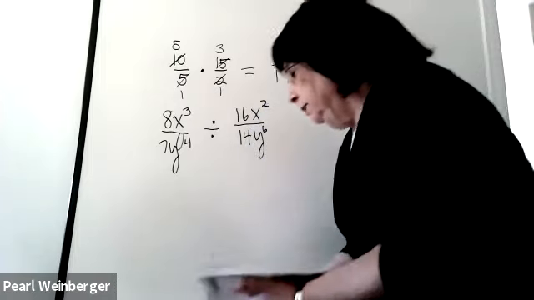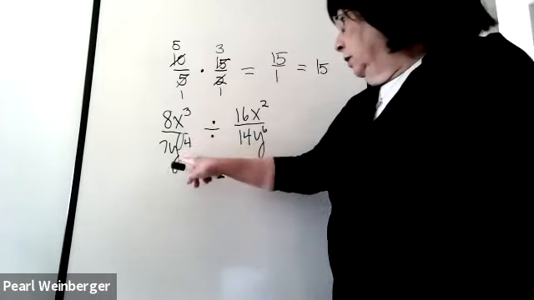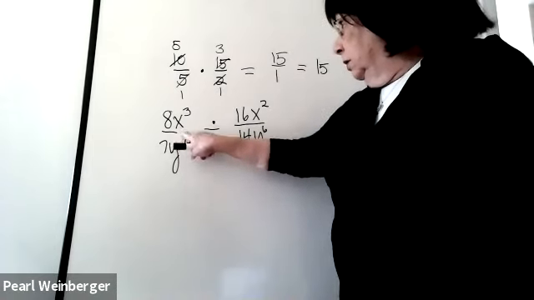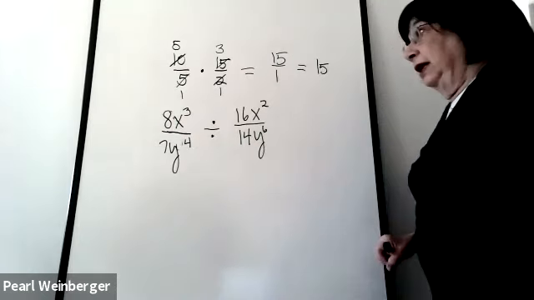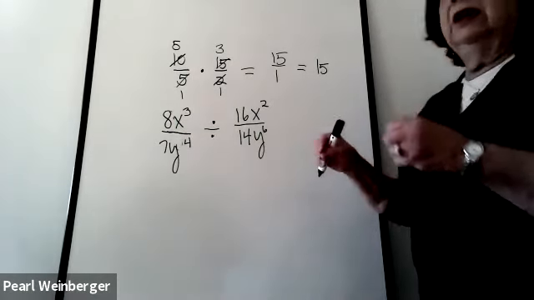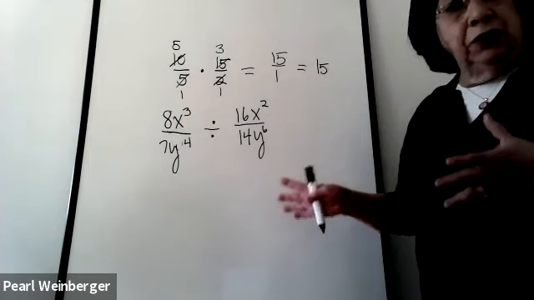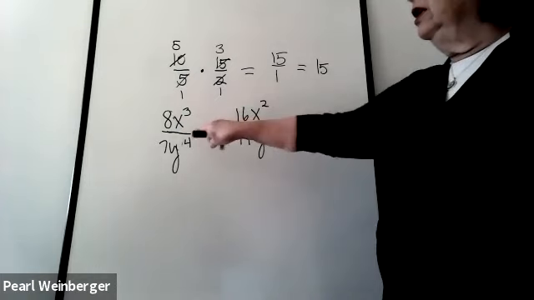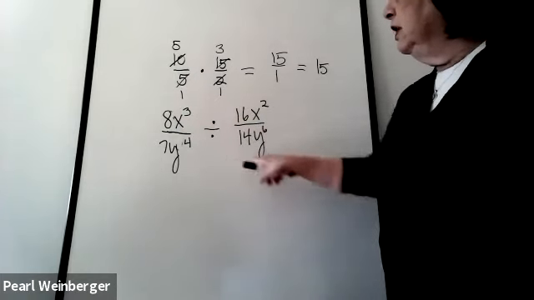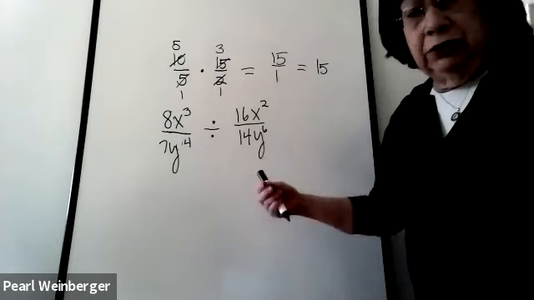This happens to be a division example rather than a multiplication example. But when you're multiplying and when you're dividing, you're almost doing the exact same thing. The only thing you have to do with division is take your second fraction, your divisor, and take its reciprocal.